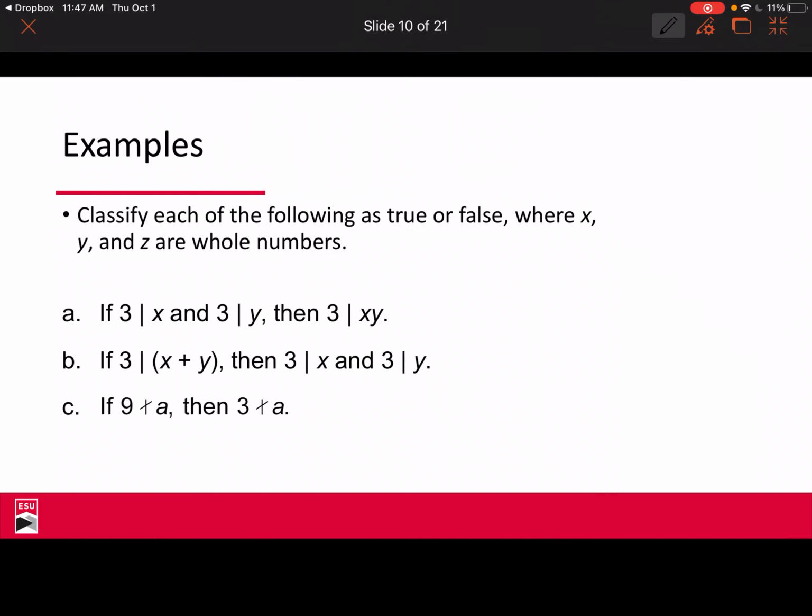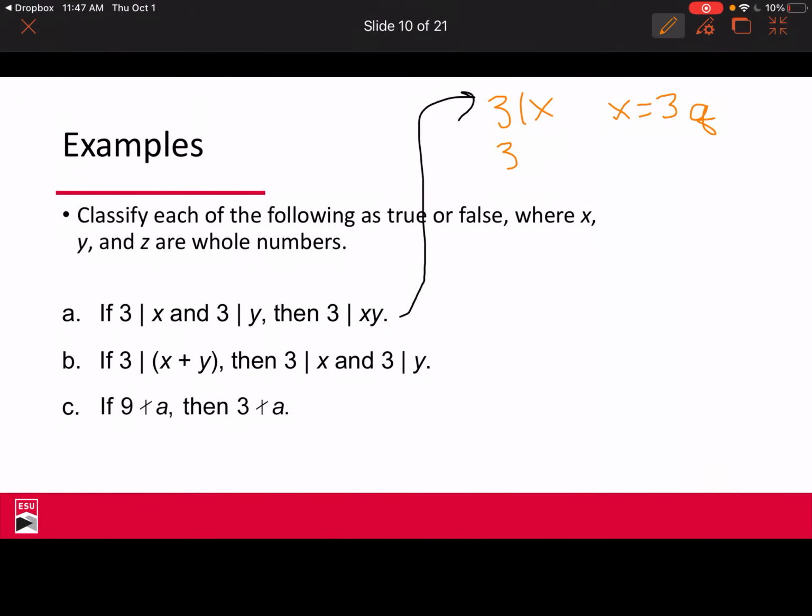It says if 3 divides x and 3 divides y, then 3 divides xy. Well, I'm going to bring that up here. 3 divides x means x equals 3 times some q1.